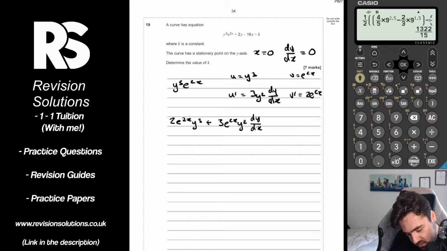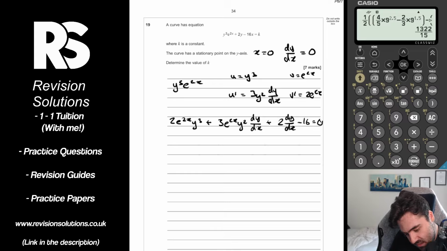And then differentiating the rest, the 2y would just become a 2 dy by dx. The minus 16x would just become a minus 16. And the k would vanish altogether, so that would be just 0. So let's see what this information tells us now.